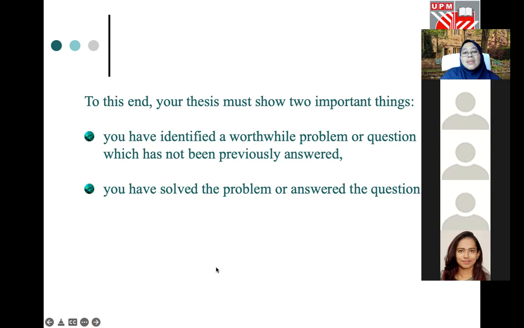So you can see that thesis is actually back to the research proposal that we have proposed at the beginning of our research. We talk a lot about justifying, refining the problem. Okay, so now you have identified the objective, that is how you manage to answer or to solve, to counter the problems.